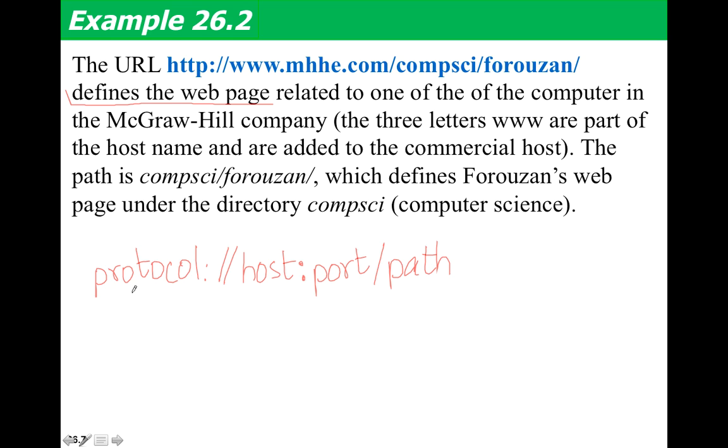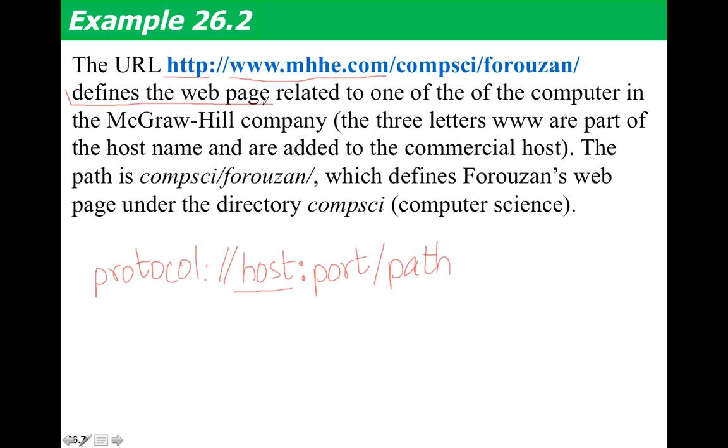So in here, the protocol is HTTP. The host part is www.mhhe.com. That would be the host part. So in here we are referring using the domain name. We could also refer to it directly using the IP address.